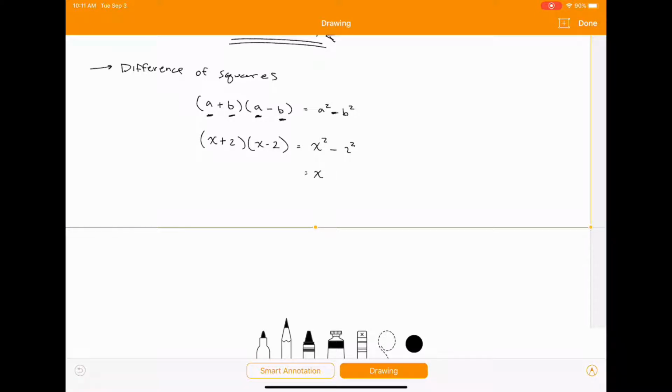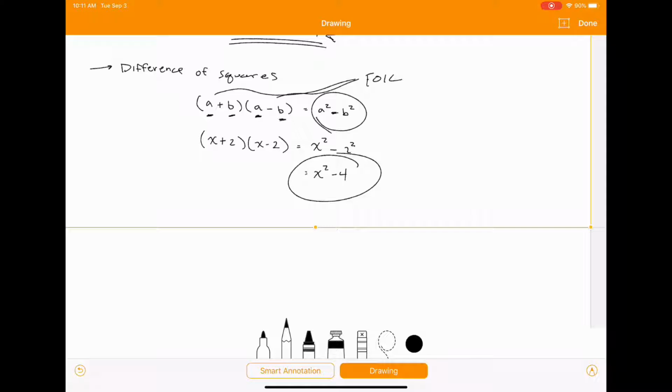So you're going to be left with x squared minus 4 for that. Again, you can use the FOIL method on this, and you're going to get the same answer. It'll just take you a few extra steps. So this is just kind of a shortcut way. If you recognize that it's a difference of squares, you can go ahead and just skip right to this.